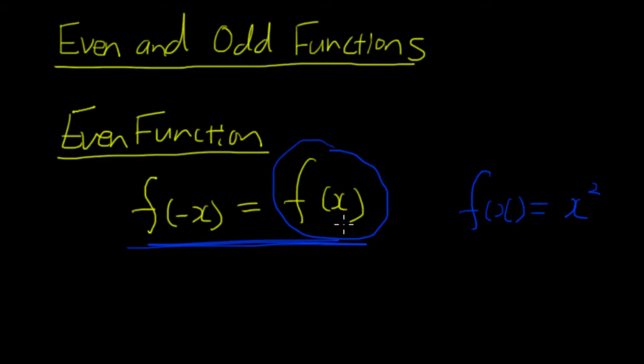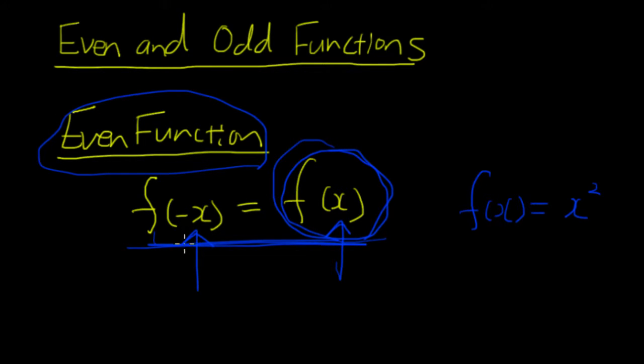When you have f of x, now you replace this x by negative x, and result should be still the same. When you replace x by negative x and end result is still the same as the original f of x, then you have the case of even function. That's what this means.